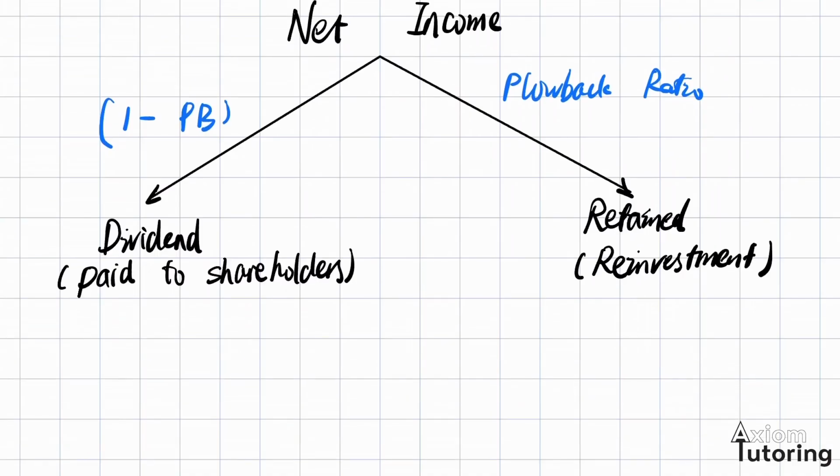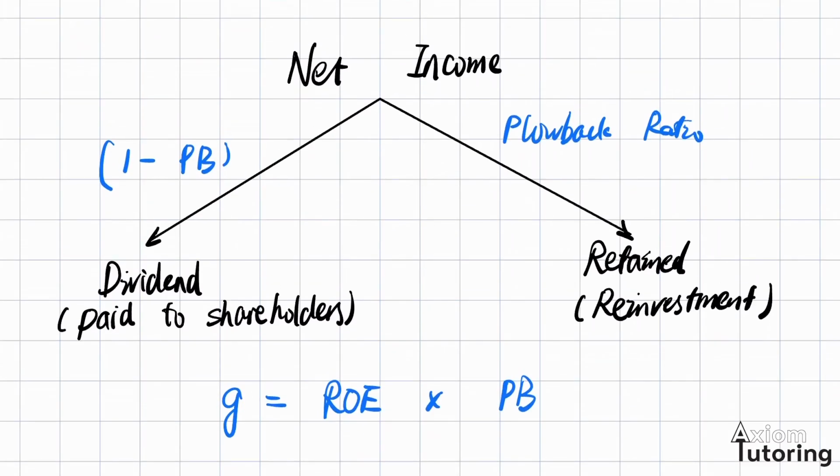The growth of the firm, or the growth rate, is calculated by the return on equity times the plowback ratio. Intuitively, we can think of an extreme case. What if a company reinvests every bit of earnings on its own?